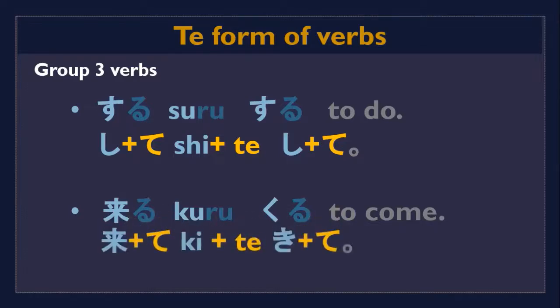And we just drop this ru and add te. However, the pronunciation is not kuru. Here it is kuru. But here, if this is the kanji and if it is te, it is not kute, it is kite. So, kite.